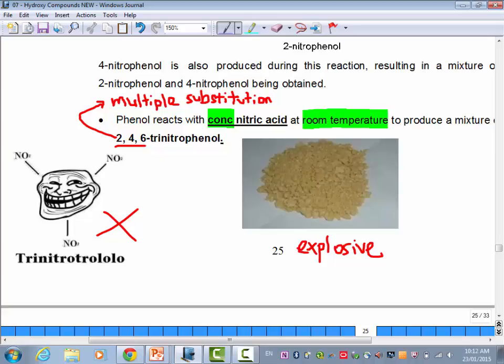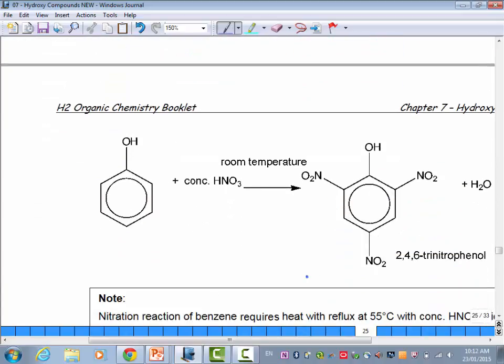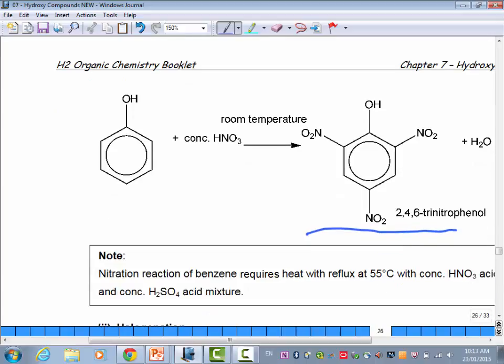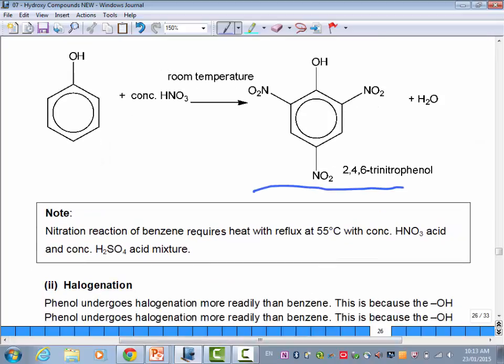The important thing here, the difference, is concentration. Previously, you used dilute, now you use concentrated. When you use concentrated, you get multiple substitution. So this is how 2,4,6-trinitrophenol looks like, and this is the balanced equation.